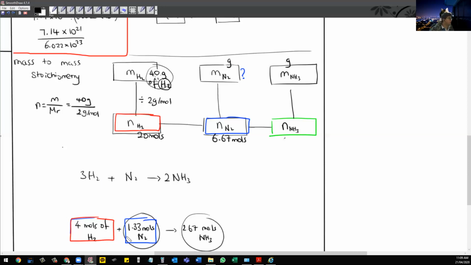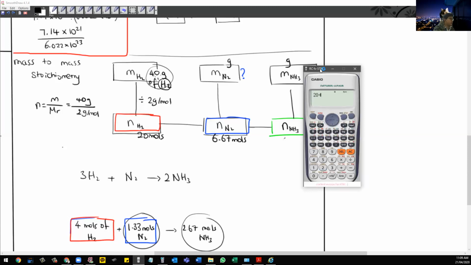That's equal to 13.3, I guess. So bring the calculator over here. 20 divided by 3, that's 6.66, that's right. And then 20 divided by 3 and then times by 2. It's 2 and 3. That's 13.3, right? Yep.